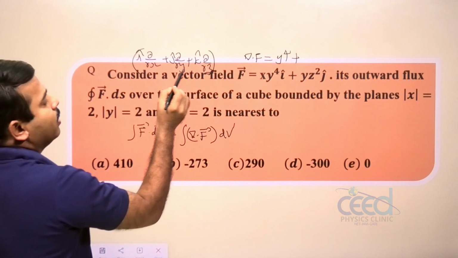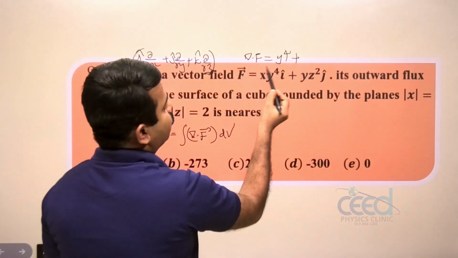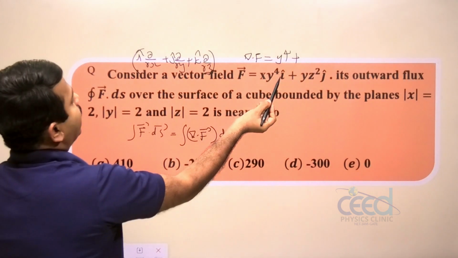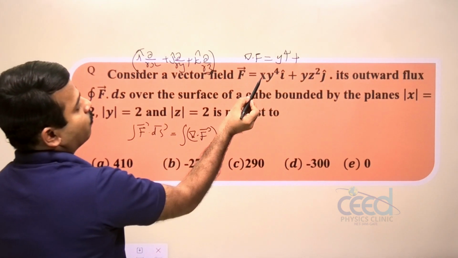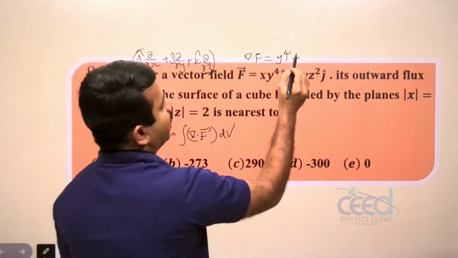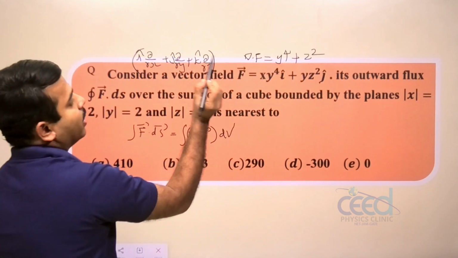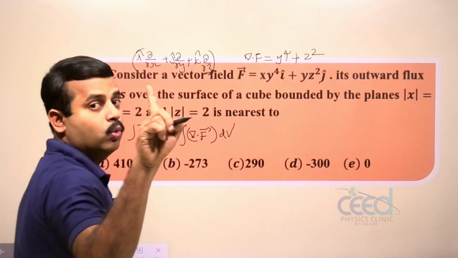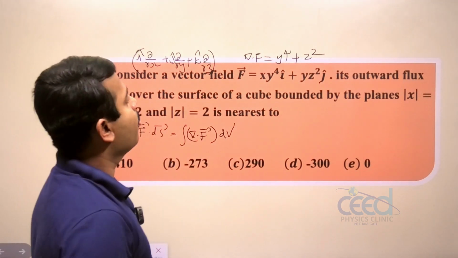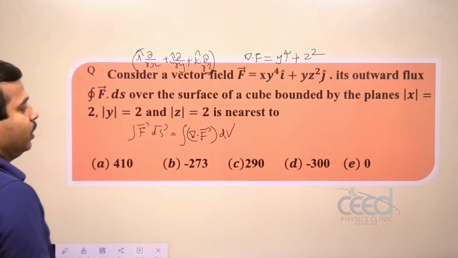So you are applying this operator to this function. Then i dot i is 1, del by del x of x is 1, so y^4 only remains. Here z^2 only remains, because j dot j is 1 and del by del y of y is 1. Alright, now we got the divergence.